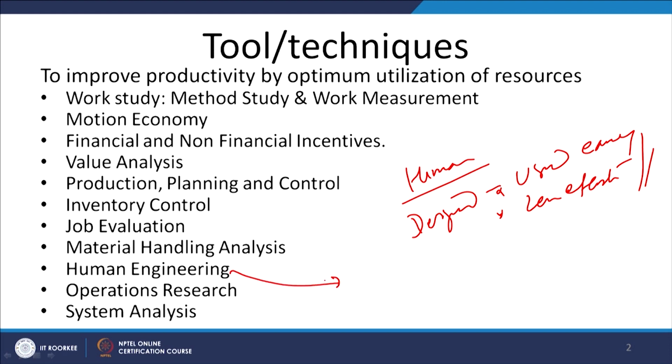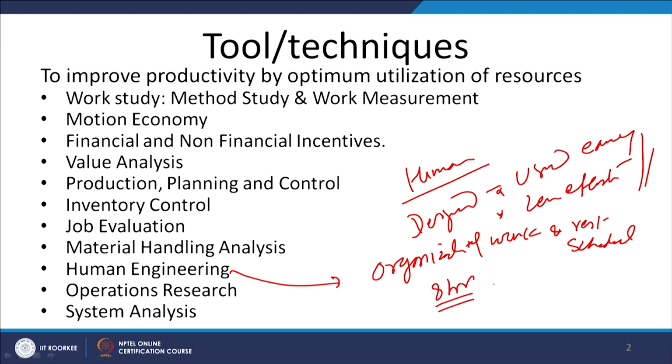Another important aspect related with the human engineering is the organization of work and rest schedules. Like in a shift of 8 hours, as per the efforts needed for work by the worker, after which time of the work rest should be given depends upon the kind of the energy consumption during the work.